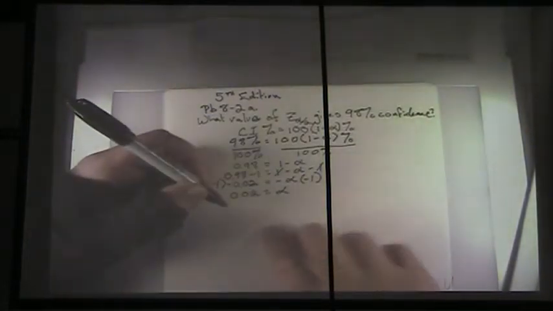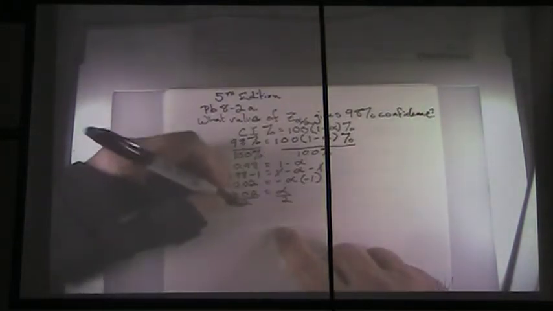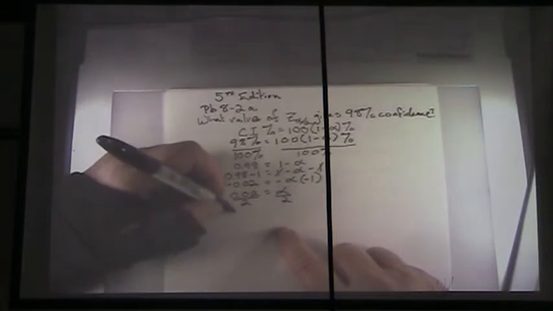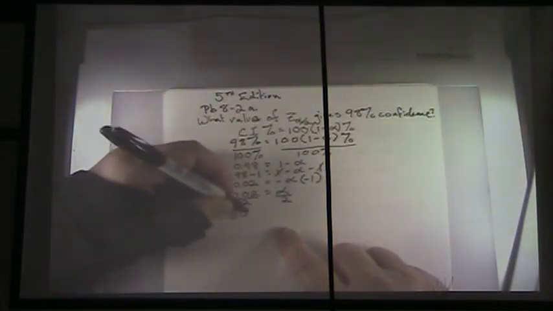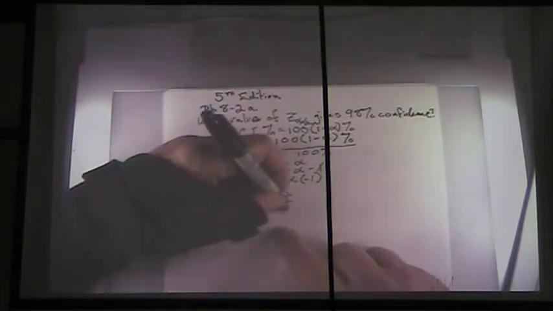So I divide both sides by 2, and that's going to give me 2 divided by 2, so 0.01 equals alpha divided by 2.